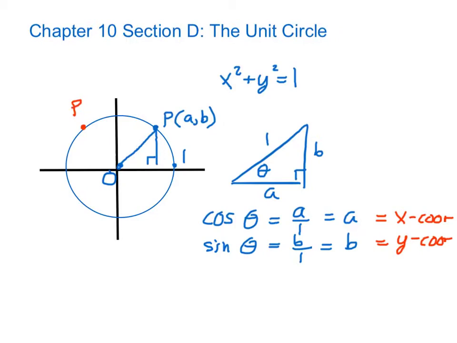If we know the coordinates of that point, we know the cosine and sine automatically of the angle that is made with the origin in that point.